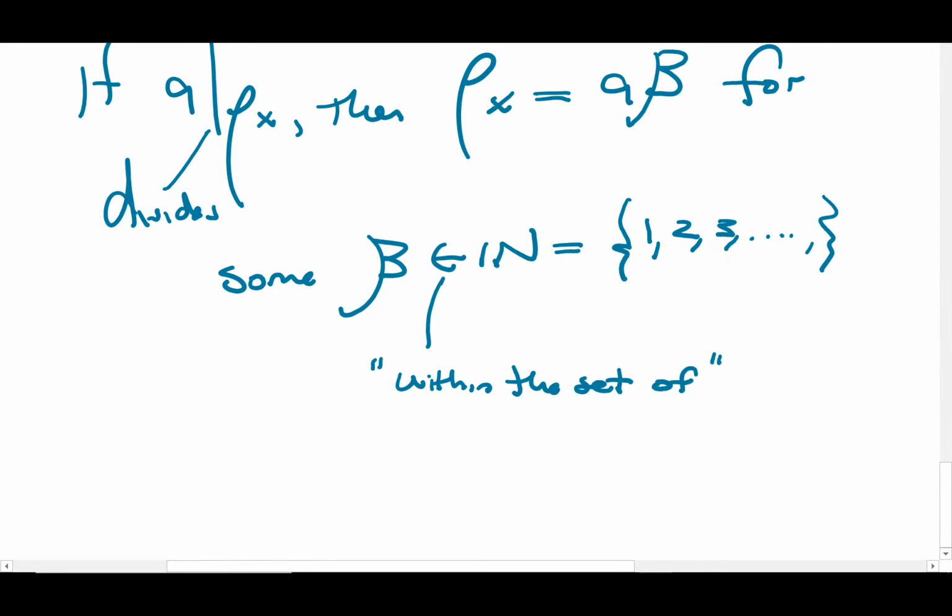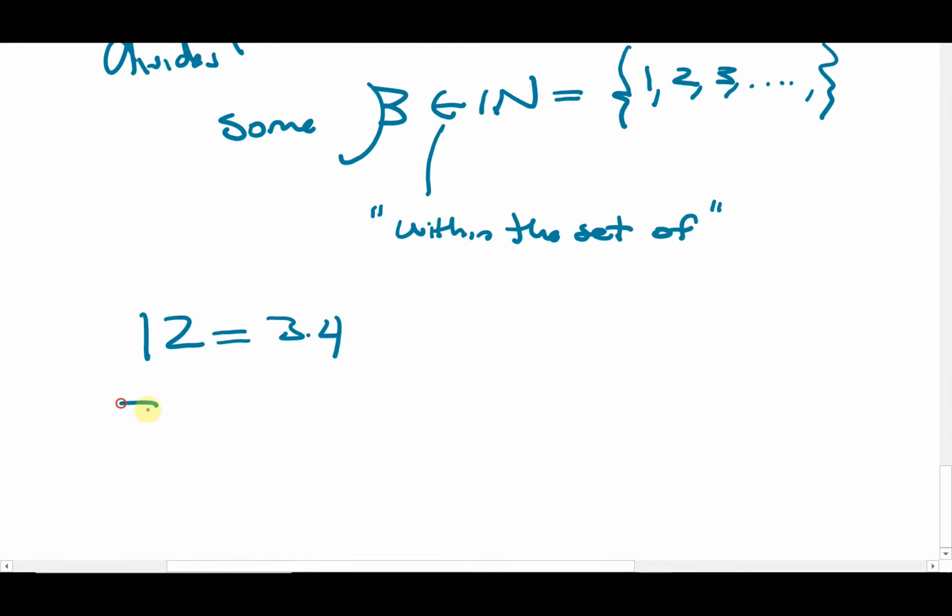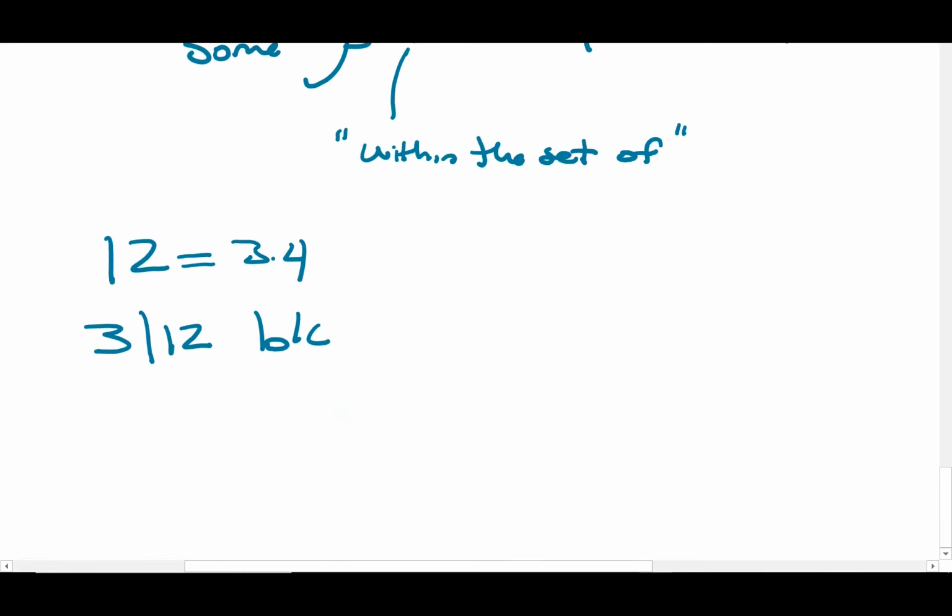And what this means is, if we take, let's say 12 for instance, we know 12 is 3 times 4, and we know that 3 divides 12, because another way of saying 3 divides 12 is, if you take 12 and divide both sides by 3, you end up getting 4.